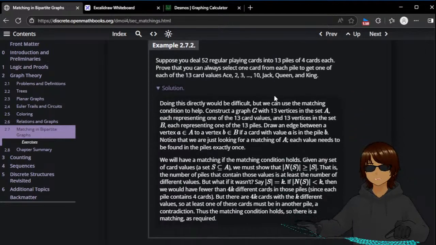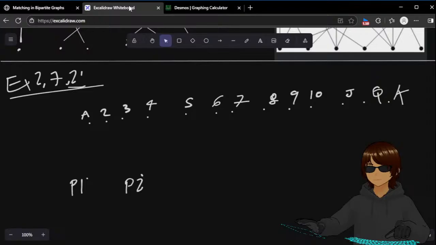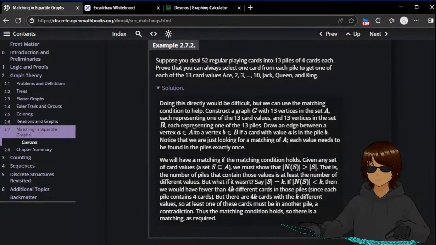Doing this directly would be difficult, but we can use the matching condition to help. Construct a graph G with 13 vertices in set A, each representing one of the 13 card values, and 13 vertices in set B, each representing one of the 13 piles. Yes, that is what I was trying to do.